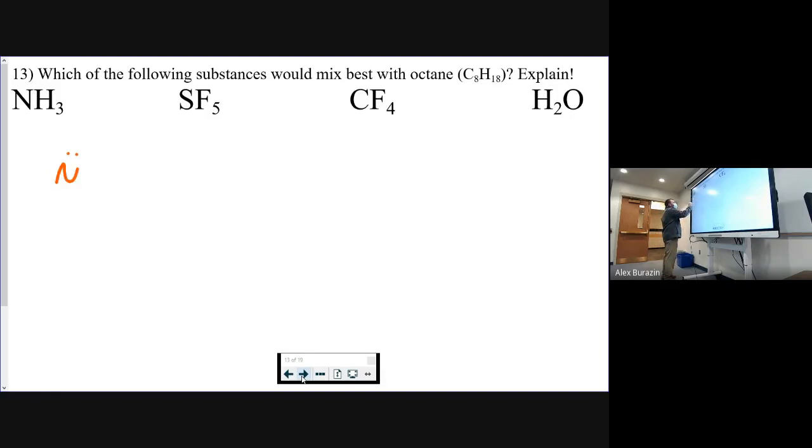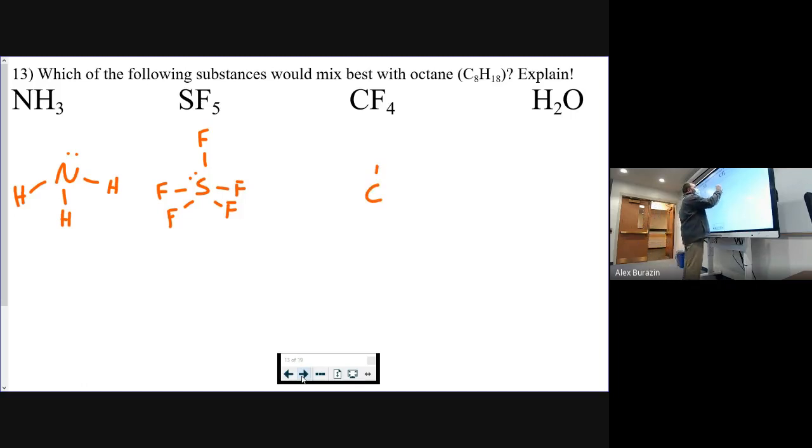NH3 has a lone pair. It's trigonal pyramid. SF5 has a lone pair. This would be like a square pyramid. Oops, that's F, whatever. F polar.